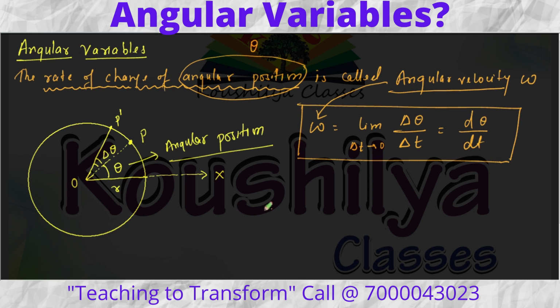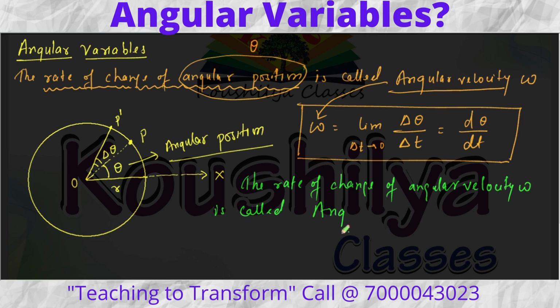Now, the rate of change of angular velocity, that is omega, is called angular acceleration, which is represented with a different symbol that is called alpha.